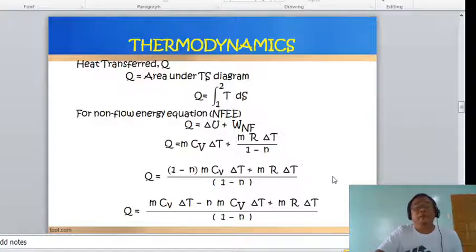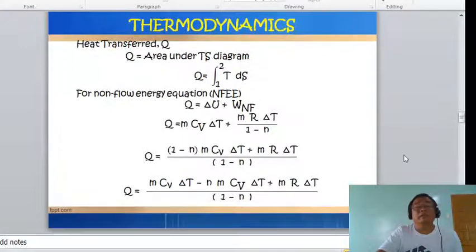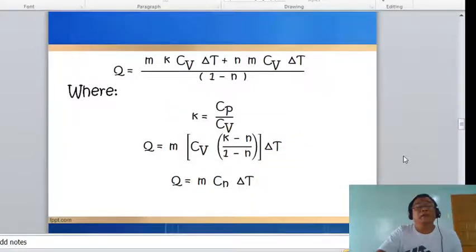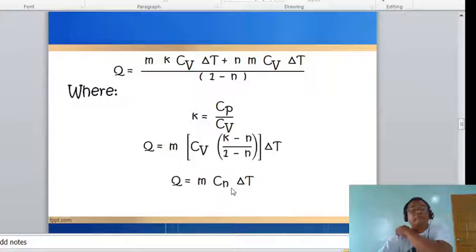Manipulating the equation, Q is equal to m Cn delta T. But Cn can also be computed using this formula: Cv multiplied by k minus n over 1 minus n.